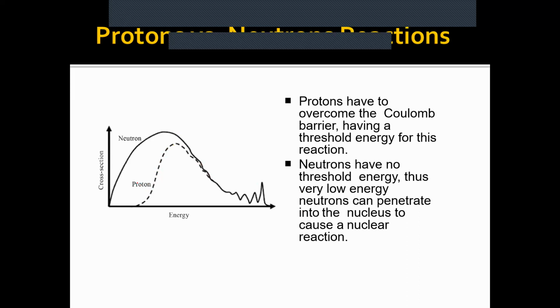Protons, because they're positively charged, will repel the protons within the nuclei, so they don't like being inserted. It takes a lot of energy for them to be inserted. Because neutrons don't have a charge, it's a lot easier to insert them into the nucleus.